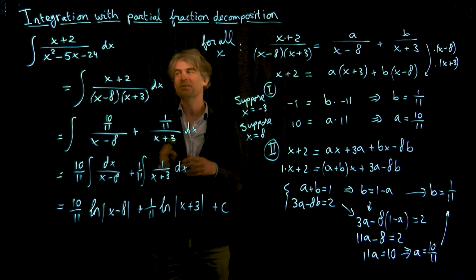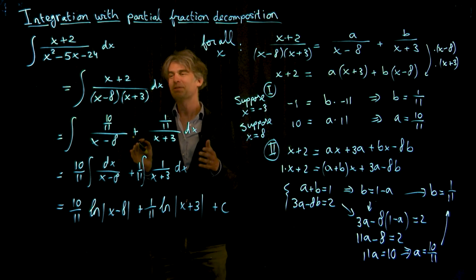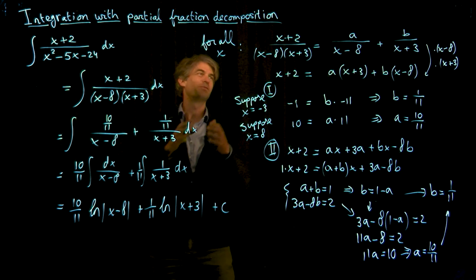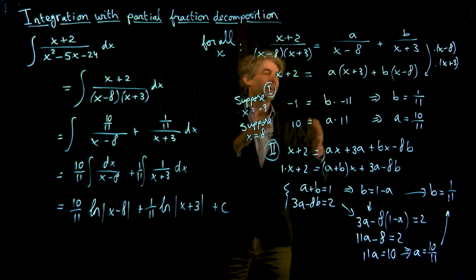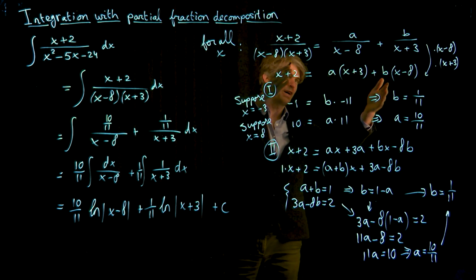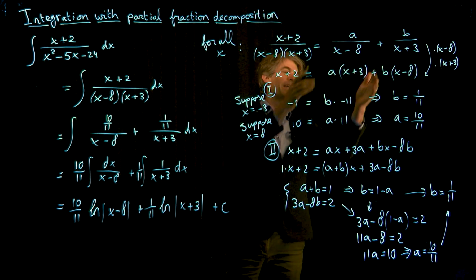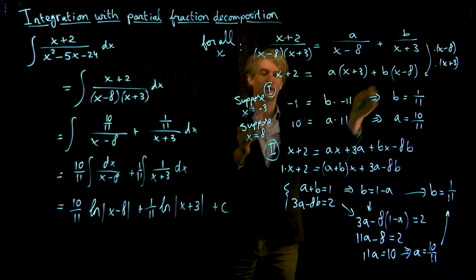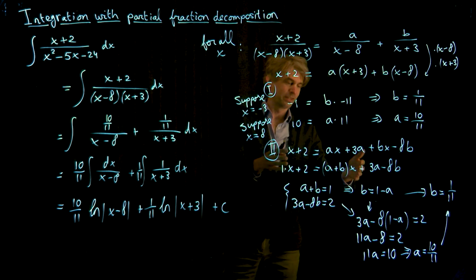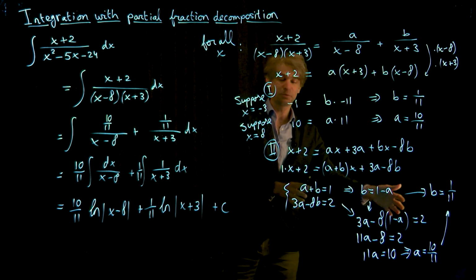And so generally the main steps are to decompose in such a way. You have to find the constants a and b. You have two ways to do it. Either plug in these well-chosen numbers or see it as two lines that are equal.